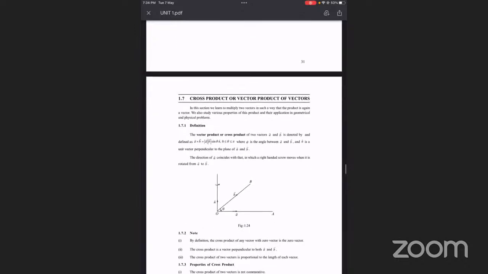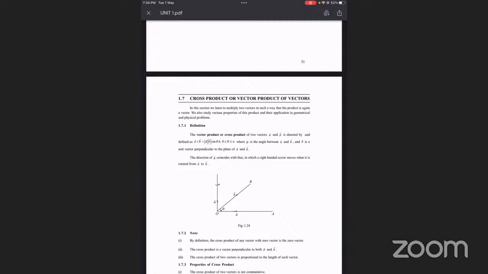For solving problems, two are important: one is the dot product, another one is the cross product. So the cross product representation will be A cross B. We call it a vector product or cross product of two vectors A and B.